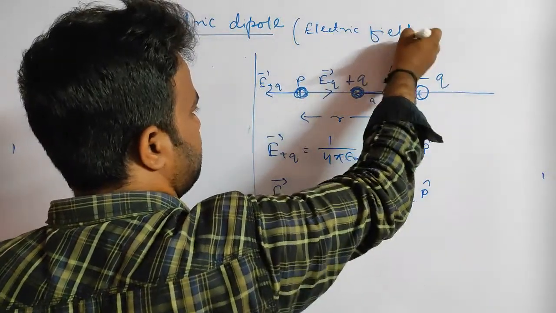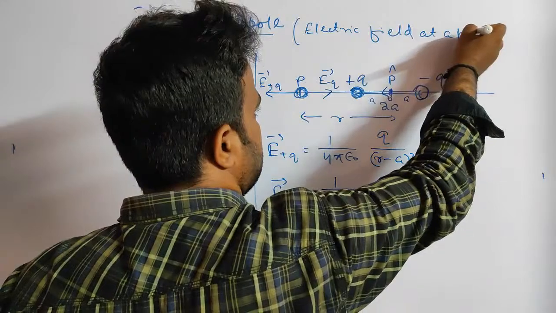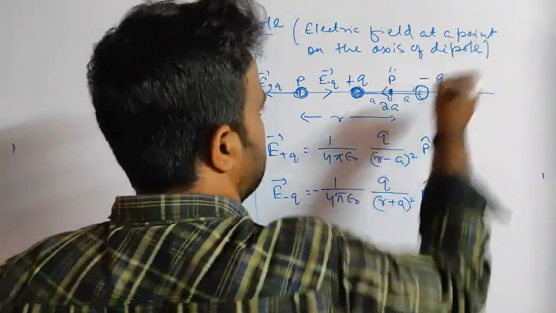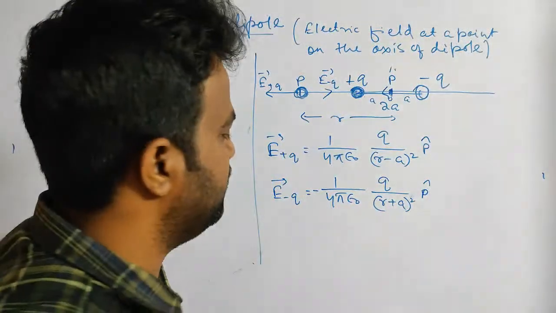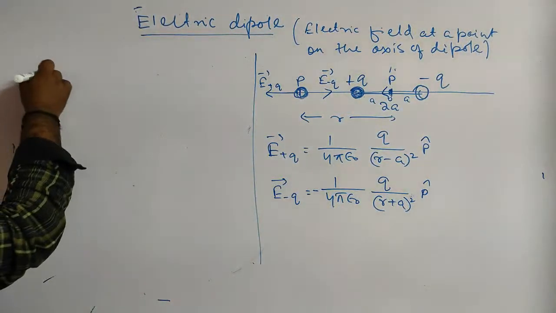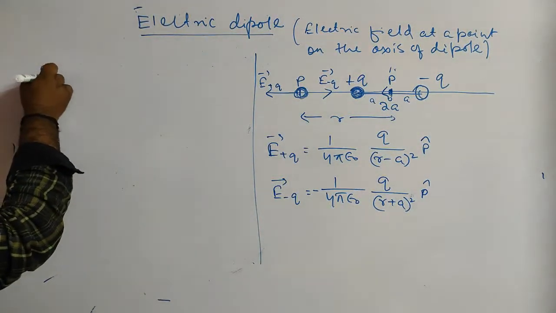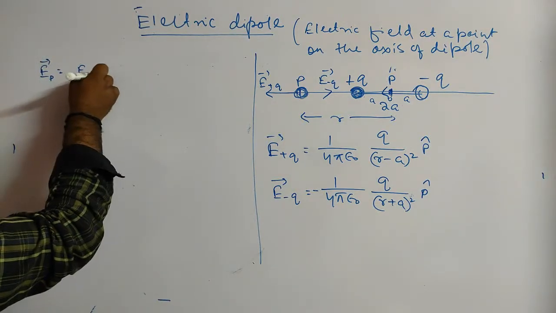Electric field at a point of dipole. So this is your axis, and on the axis of the dipole at any point P we are calculating the net electric field. So the net electric field at point P, that is E at point P, will be the sum of these two electric field vectors.